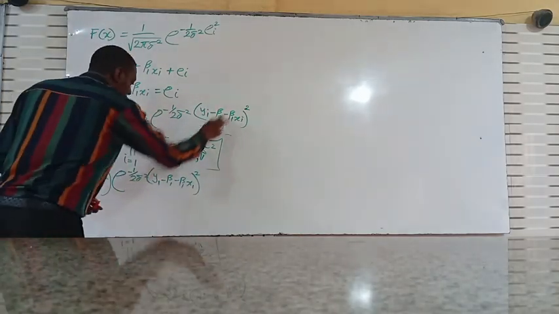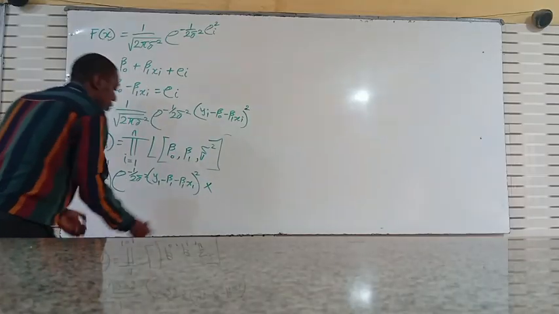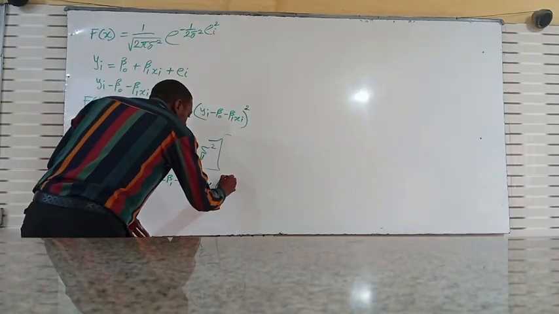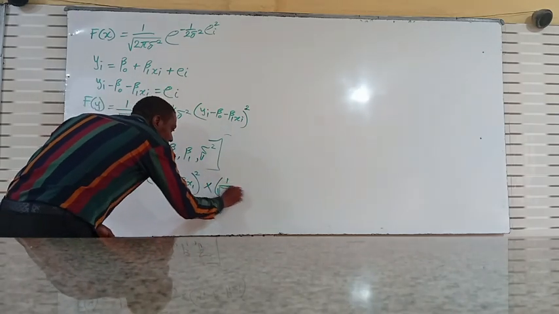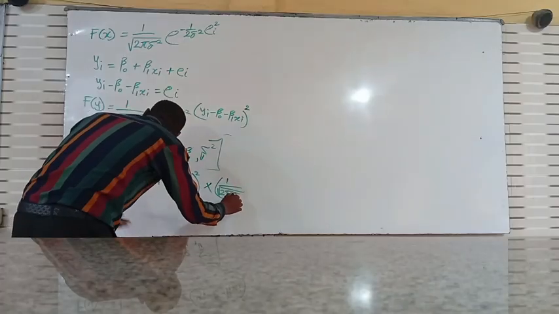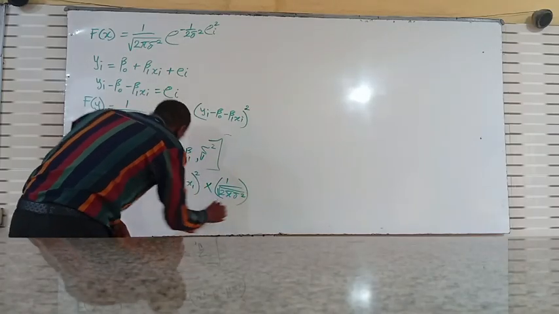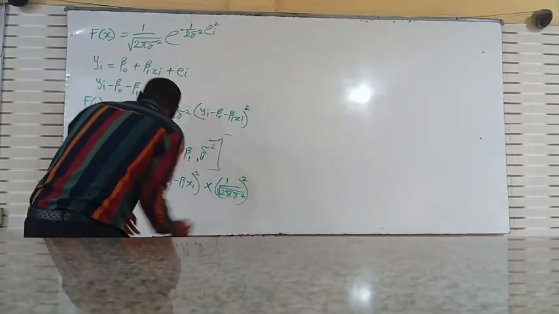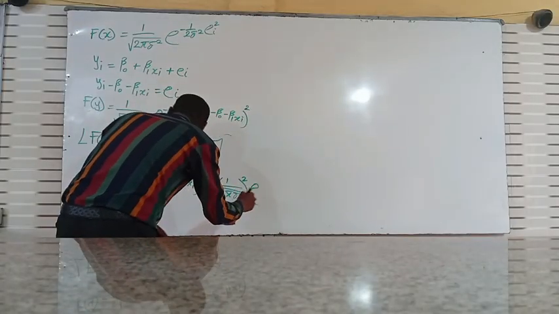Times, we are doing this again: 1 over 2 pi sigma square. Remember, the first one is raised to the power of 1. The second one is raised to the power of 2, followed by this.